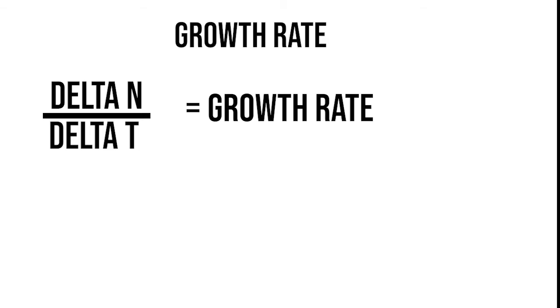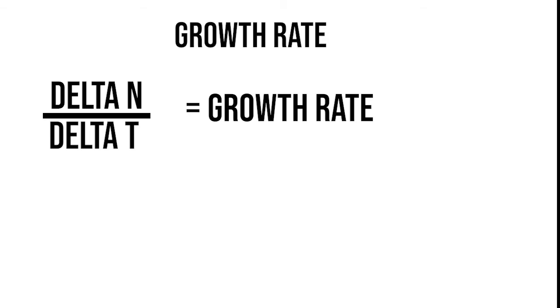Now, delta is a Greek letter, and in science, it's usually used to mean the change in something that you've measured, or you might phrase that as the difference between two measured results with respect to some other variable.